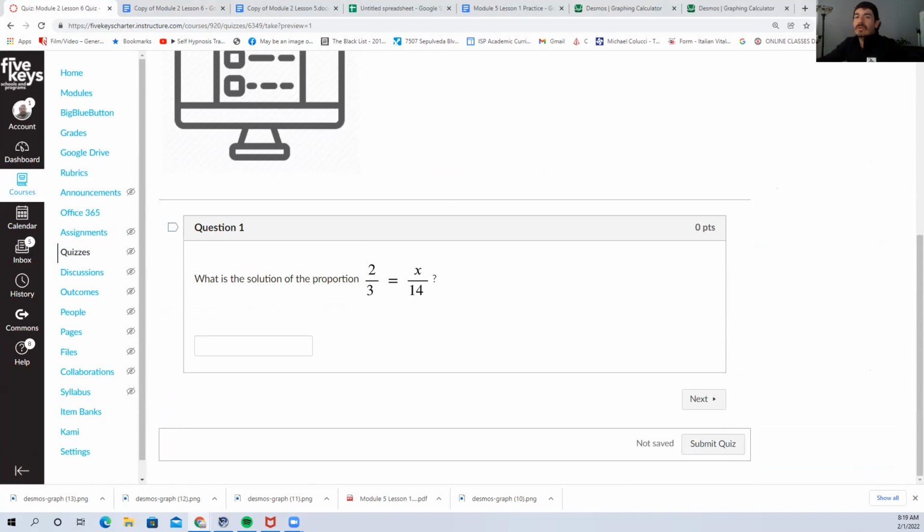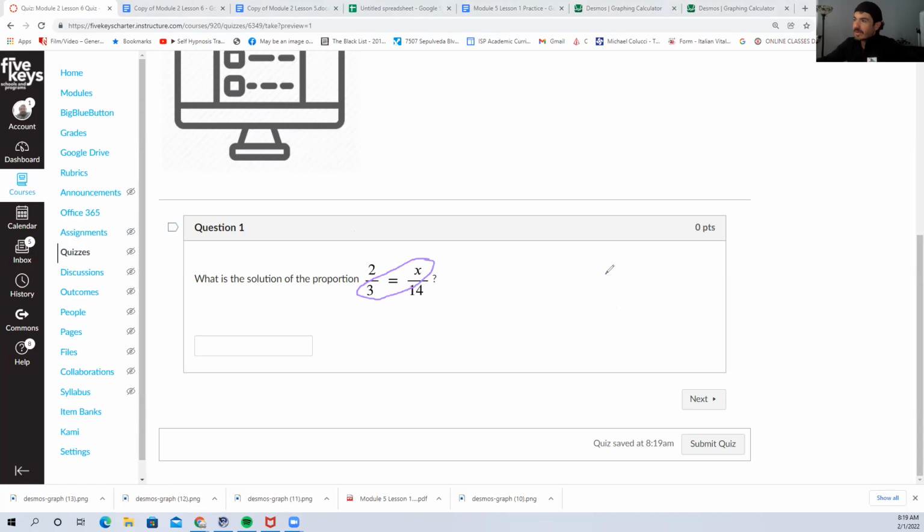So we're gonna do this the way I suspect that they want us to do it, not the way that it really should be done. Here, all you have to do is multiply by 14. That's it, and then you're done. But we'll do the cross product thing.